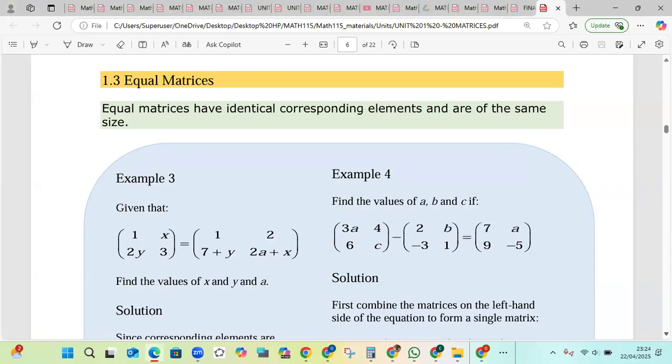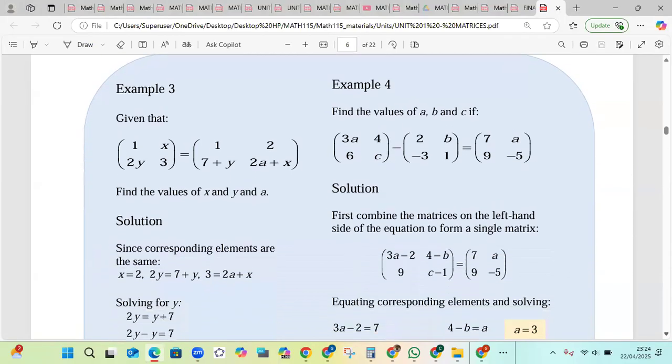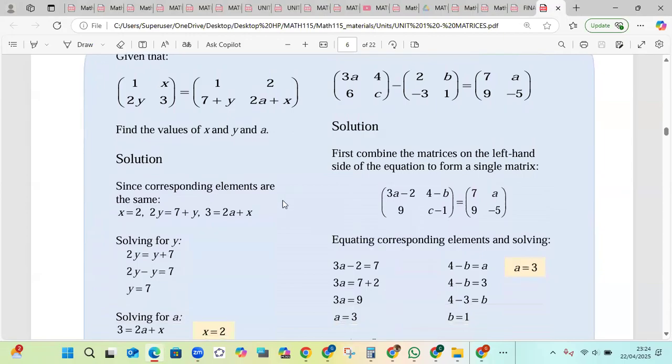As you can see in the solution, x is equal to 2. 2y is equal to 7 plus y. You can solve for y, yes? You subtract y on both sides, and you end up with y is equal to 7. And 3 is equal to 2a plus x. We know what x is already.